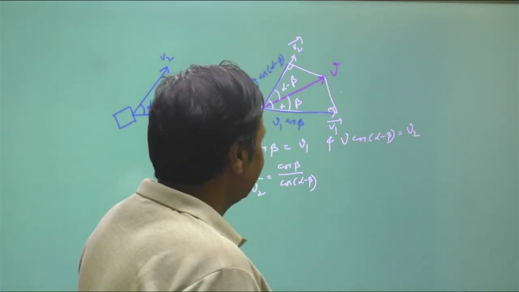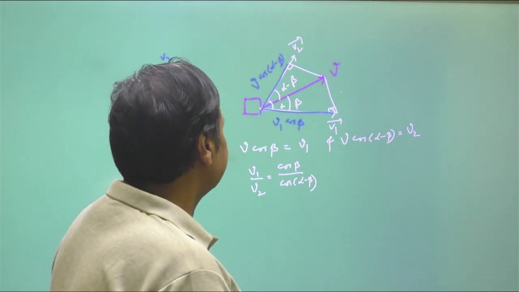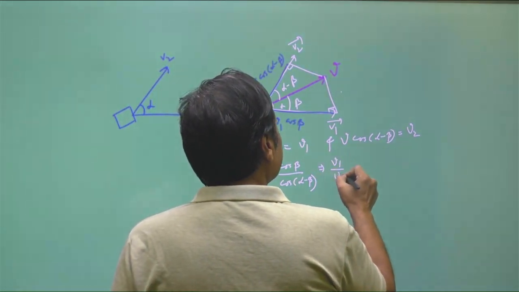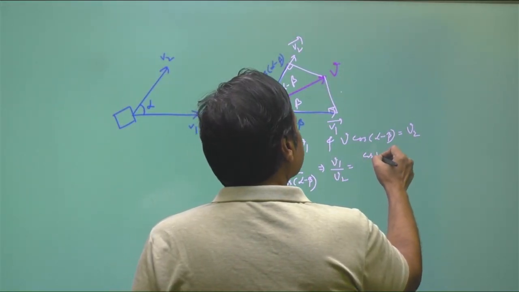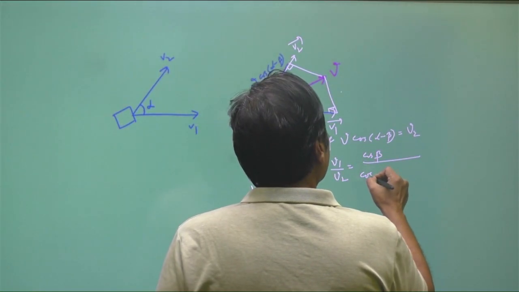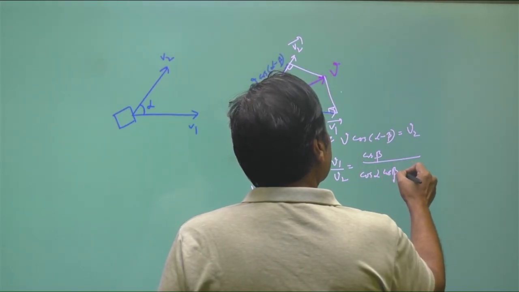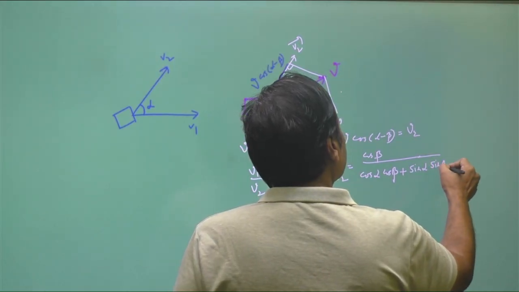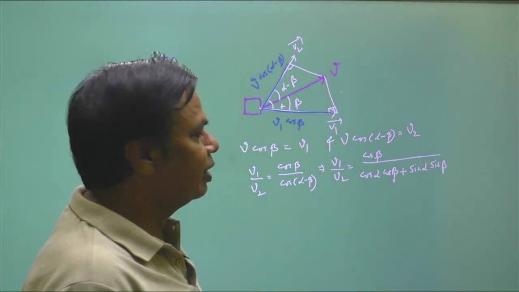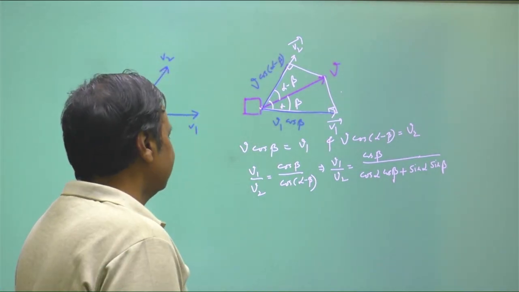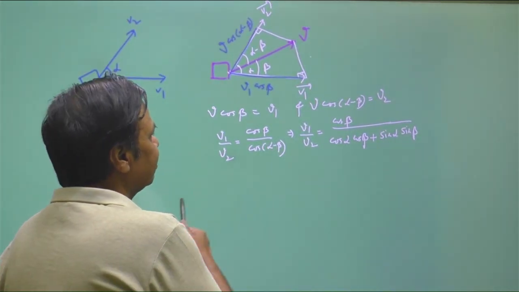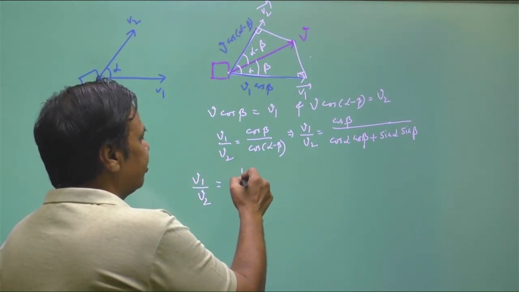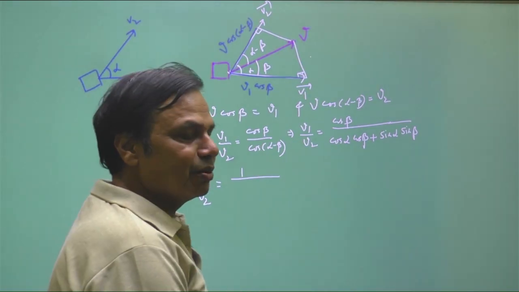Then v1 upon v2 becomes cos beta divided by cos alpha cos beta plus sin alpha sin beta, and I can do one more thing, so that v1 upon v2 can be written as 1 upon, I divided both numerator and denominator by cos beta.